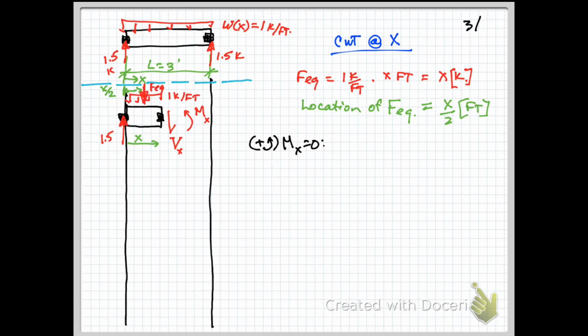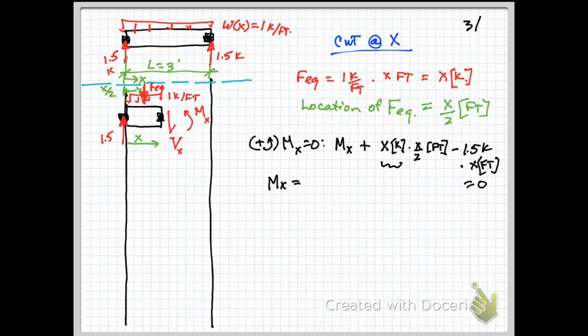The sum of our moments about the cut surface x, we'll have our M sub x, the value of FEQ, it's a function, and then we have the distance from the cut face to the FEQ, which is also x over 2, and that's in feet. So we're staying consistent with our units, and of course we have our 1.5 kips times the distance, x feet.